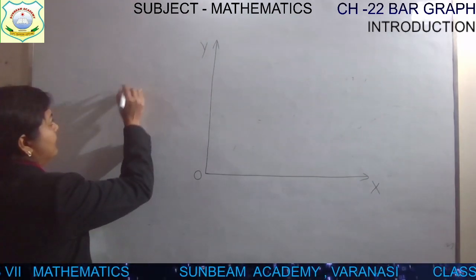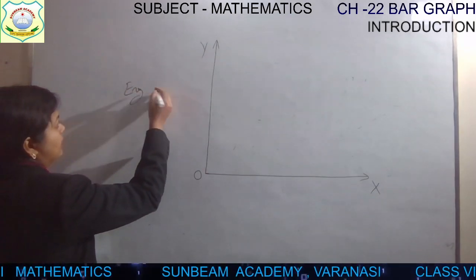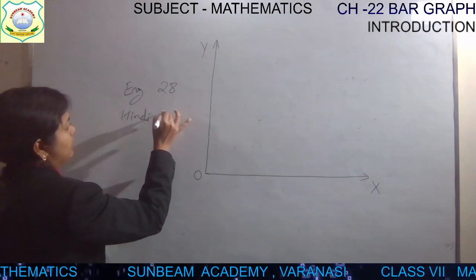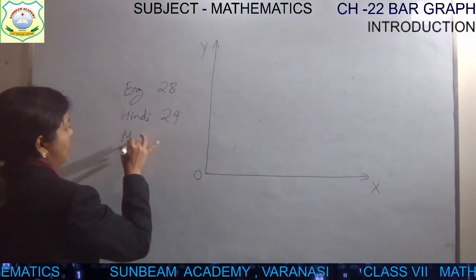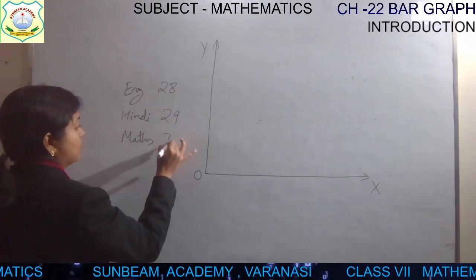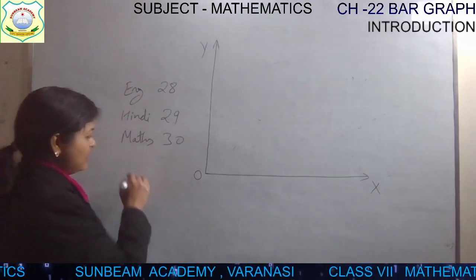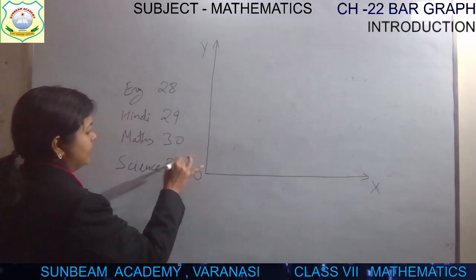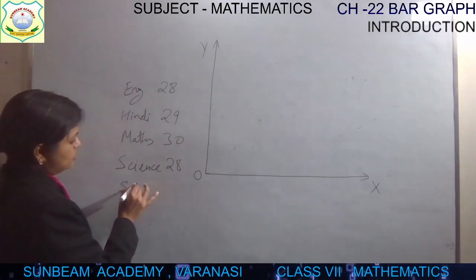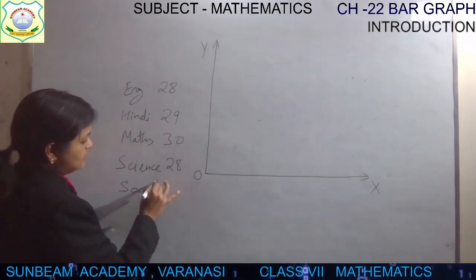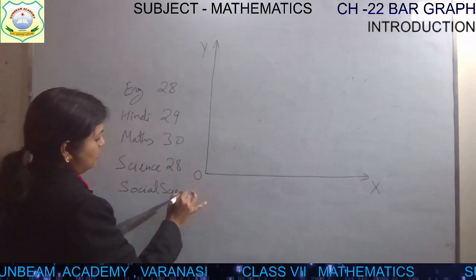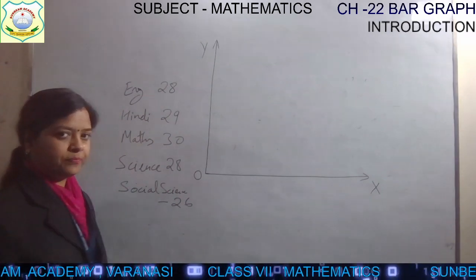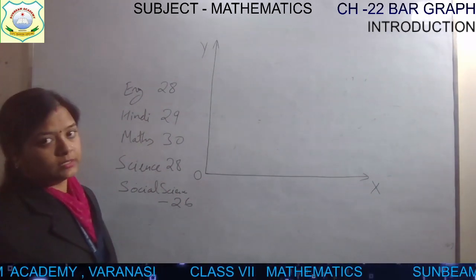So in English out of 30, if you scored 28, in Hindi if you scored 29, in maths if you scored 30, and in science you scored 28, and then in social science you scored 26. Okay, so how can we plot the graph on this?